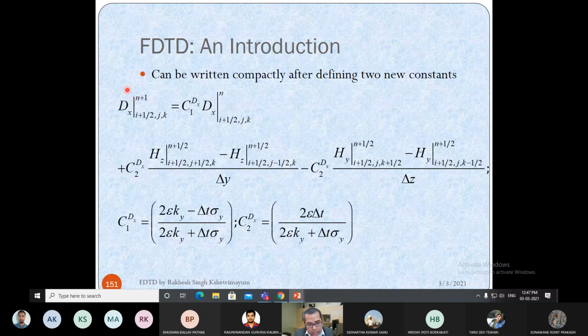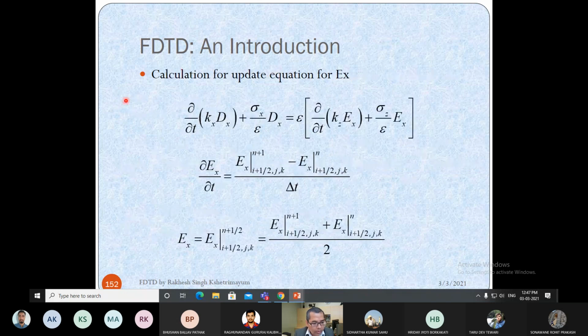You just try to find Dx at n plus 1. You don't want any constant here. You transfer all the constants to the right hand side. The final constants you denote by C1 Dx and C2 Dx. And you also find out the magnetic field Hz at different locations, and Hy at different locations. You should be able to find Dx. So this is the update equation for Dx.